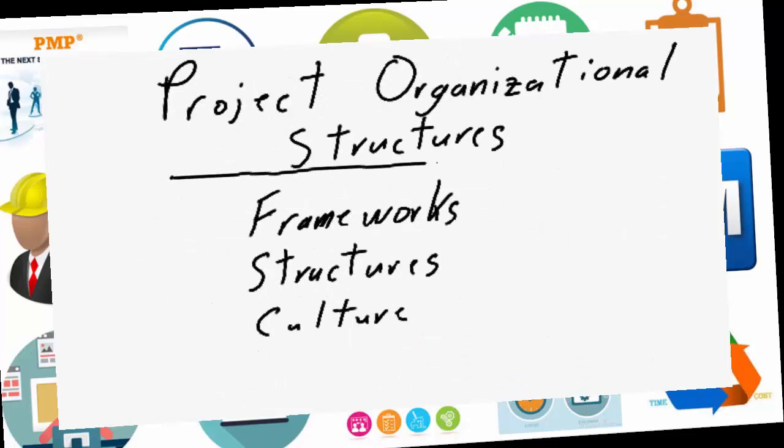In this nugget, we focused on project organizational structures. What is the organizational environment within which your project is going to deliver? We talked about the framework, the organization structure. Is your project being delivered in a functional organizational structure, a project-based organizational structure, a matrix-based organizational structure, whether it's a weak matrix or a strong matrix?